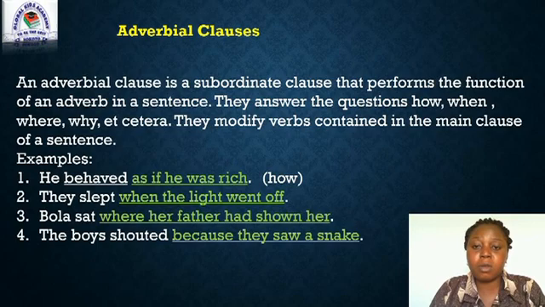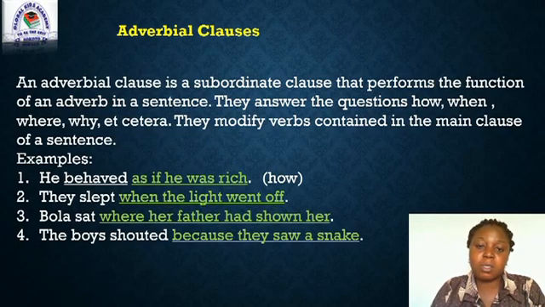So an adverbial clause is a subordinate clause that performs the function of an adverb in a sentence. They answer the questions how, when, where, why, and others. They modify verbs contained in the main clause or sentences. Look at sentence number 2. They slept when the light went off. When the light went off tells us what time or when they slept.